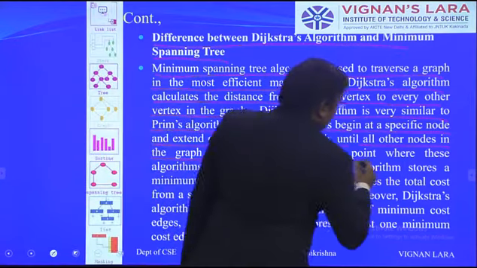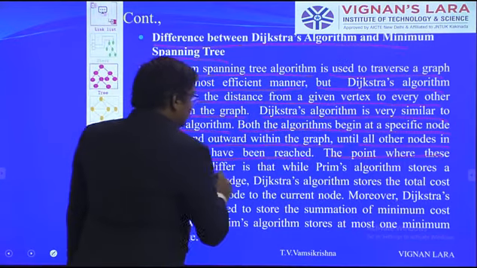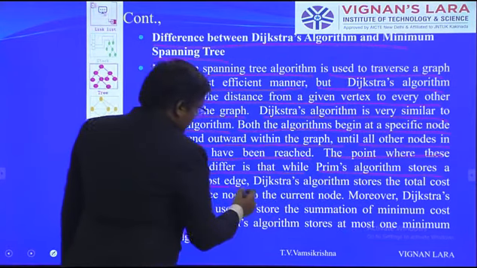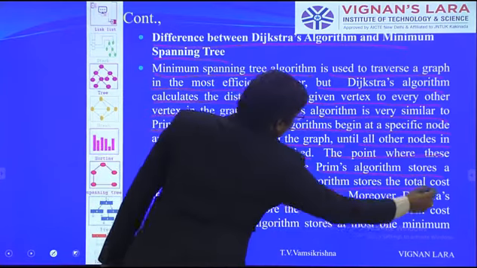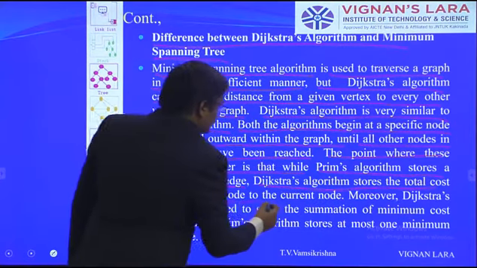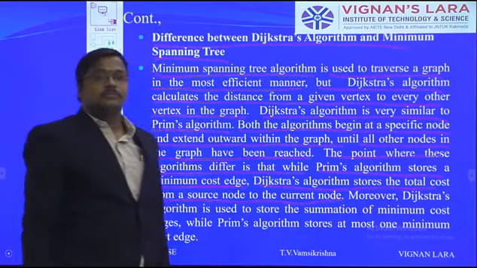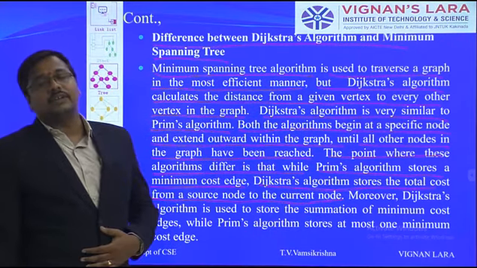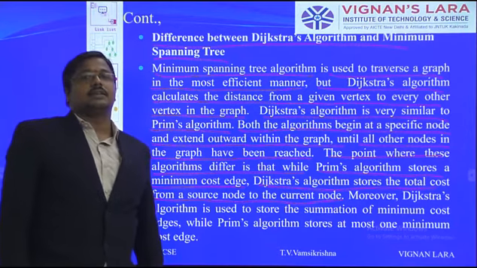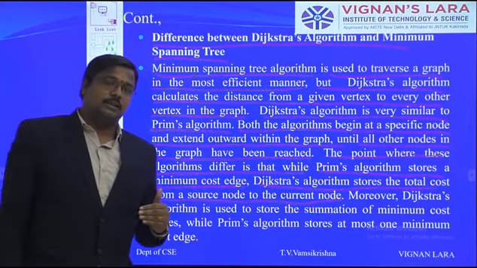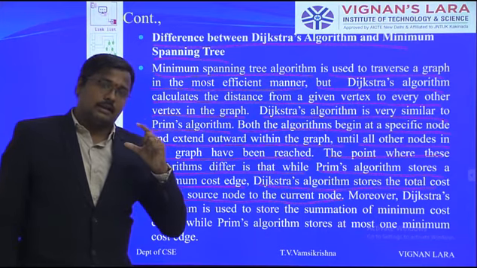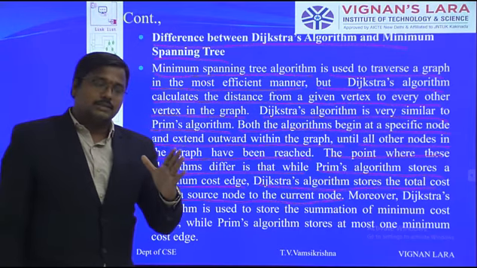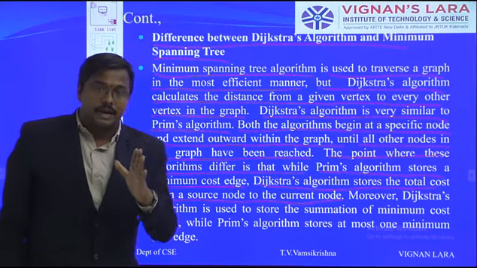So the point where these algorithms differ is that Prim's algorithm stores a minimum cost edge, while Dijkstra's algorithm stores the total cost from the source node to the current node. This is a very, very important point, and this is the only difference between Prim's algorithm and Dijkstra's algorithm. In Prim's algorithm, we are selecting a minimum cost edge, and the cost is associated with a single edge only.